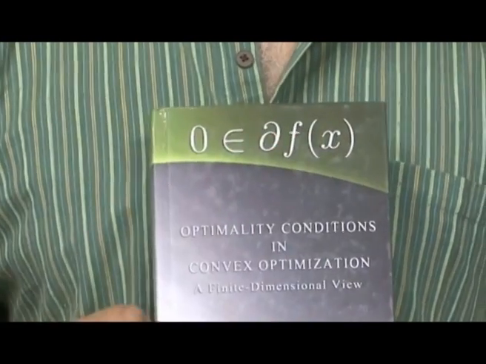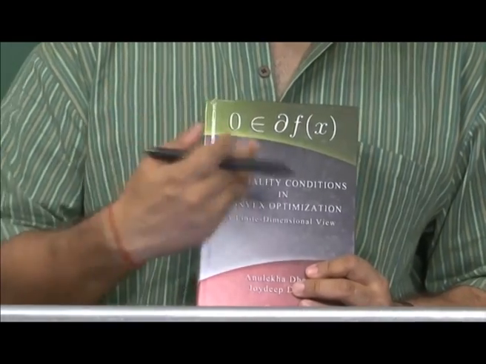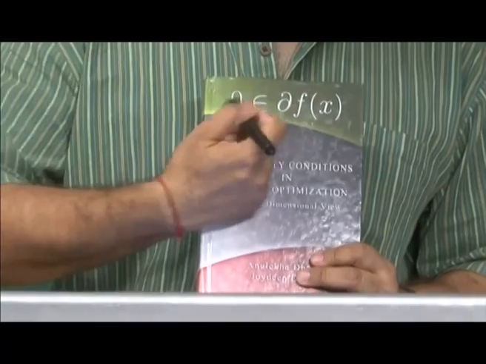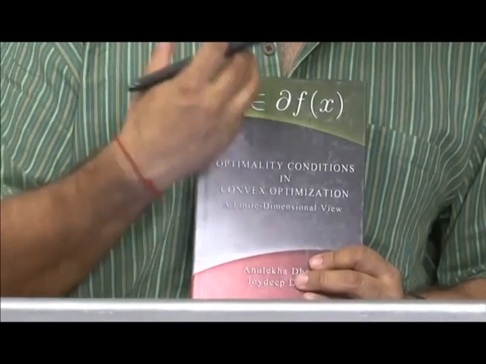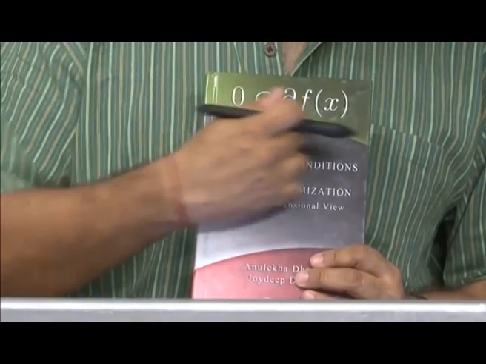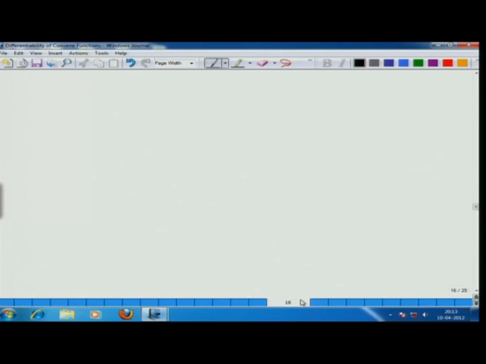So, in some way we are trying to say that this book is on optimality conditions in convex optimization, and that optimality conditions in convex optimization is essentially this story. So, here we are at the very heart of convex optimization theory. Now, once I know this necessary and sufficient optimality condition, let us try to prove this.